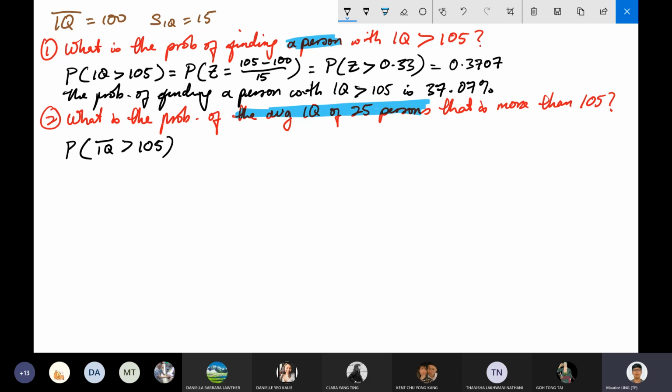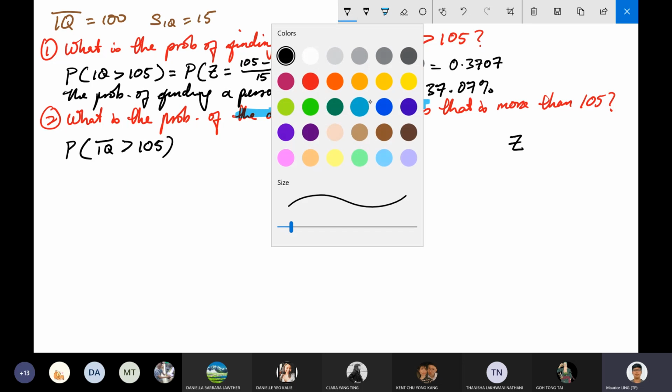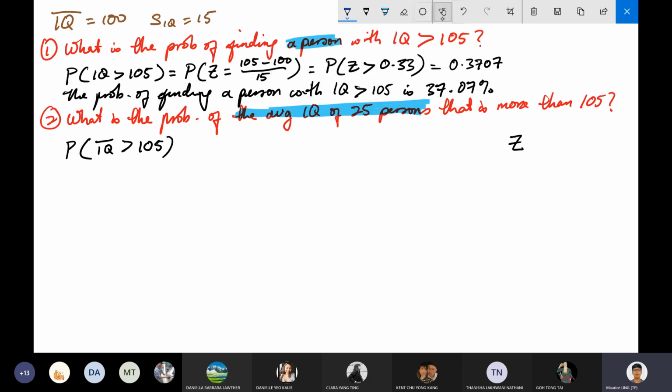Remember just now our equation, let's say this blue equation, to convert Z: X is the data minus the mean divided by the standard deviation.